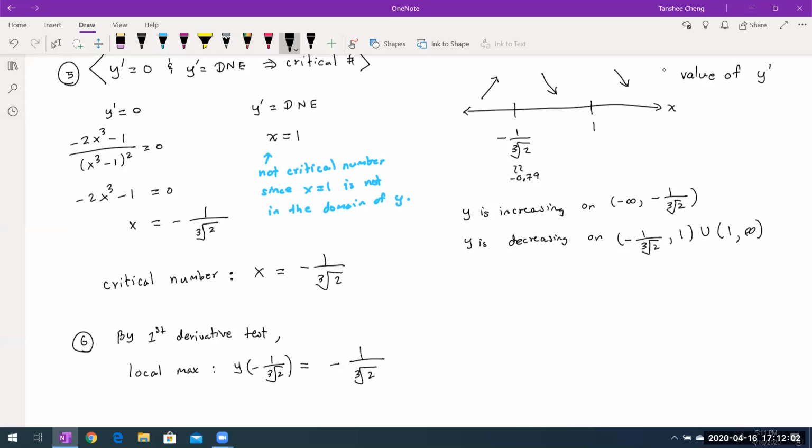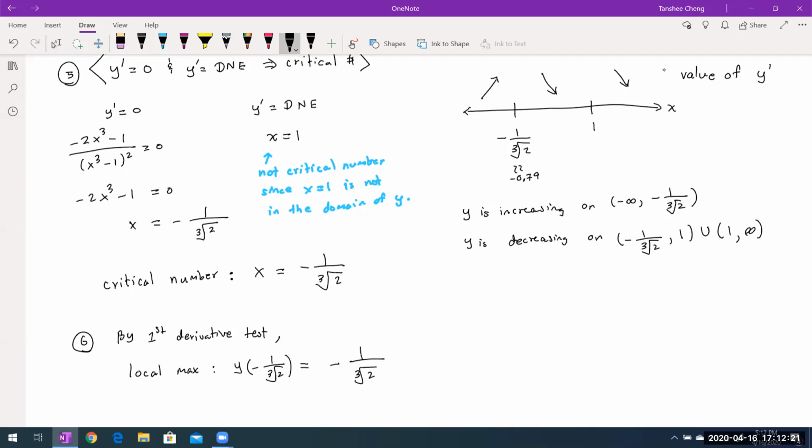Once you calculate it, put it into the original y function, then my output value will be, again, negative 1 over cube root of 2. So therefore, this is the local maximum point.